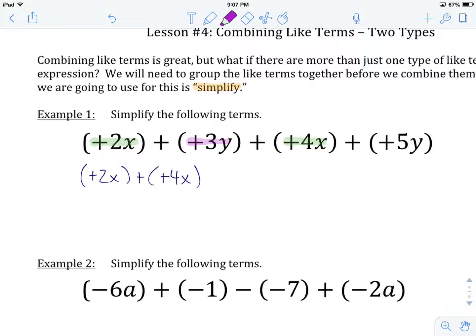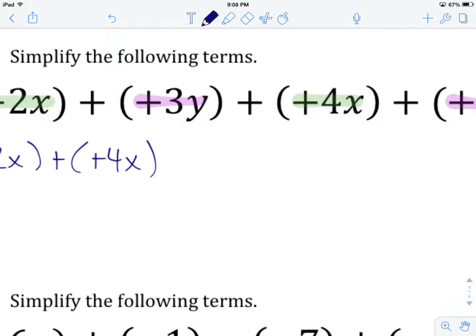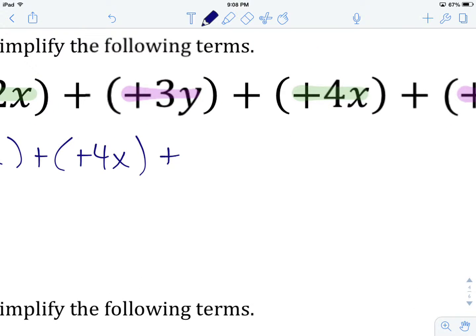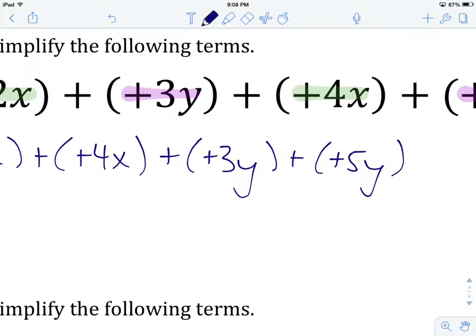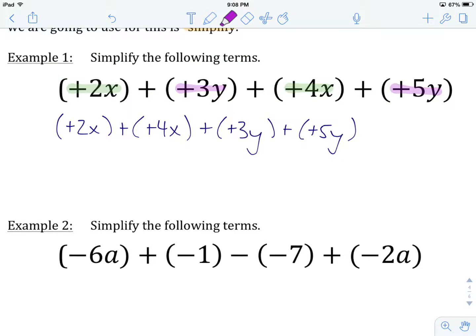And as I look down the line of terms, I see a positive 5y. So those two terms are alike. And again, continuing what we started with the x terms, we are going to just rewrite here. So plus positive 3y and plus positive 5y. So there we have a rewrite of the first expression.